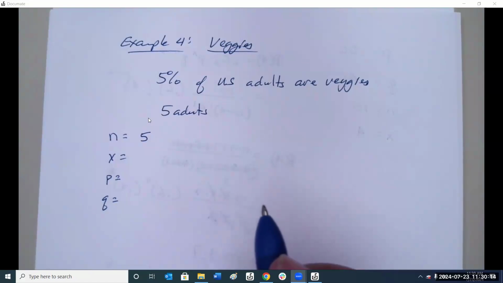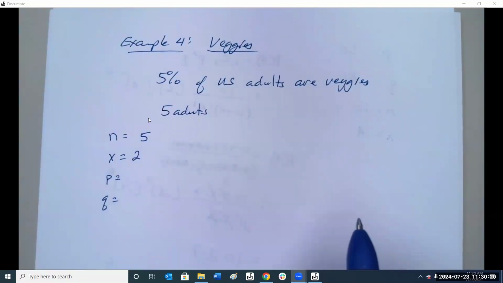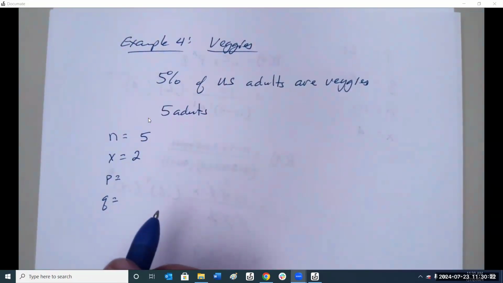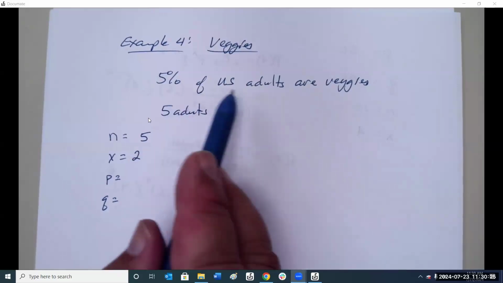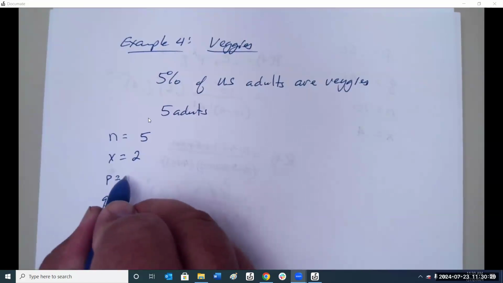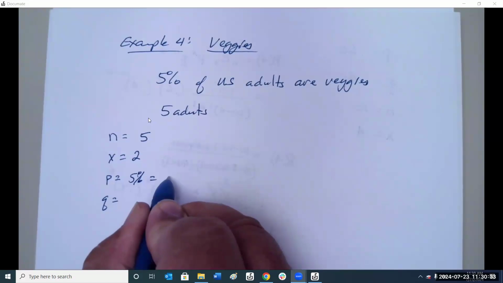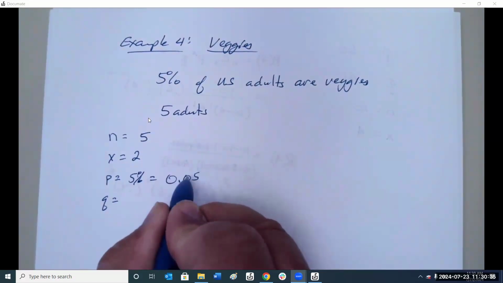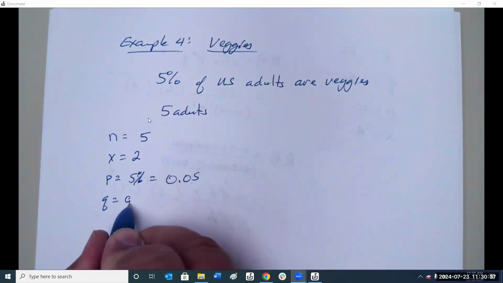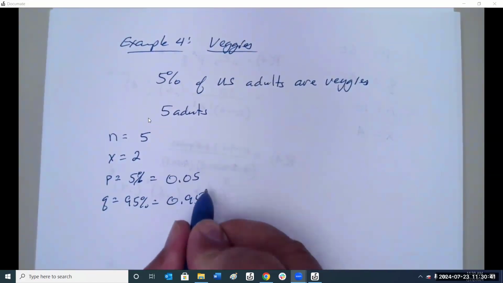So for the first one, what is the probability of exactly 2? So x is 2. Probability of success, it says 5% of US adults are vegetarians. So success would be 5%, which is what in decimal? 0.05, which means what's failure? 95%, 0.95.